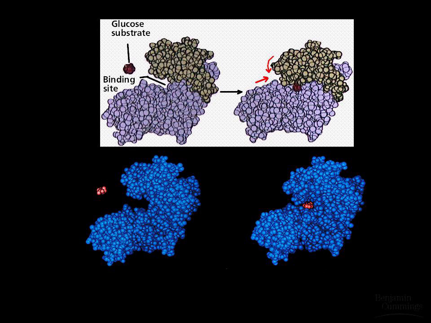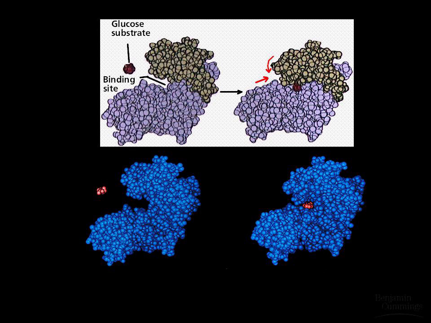For example, here this is an enzyme, and the substrate for this enzyme is this glucose molecule, as shown in red. So the binding site, the binding pocket, you can see, is on the surface of the protein, and glucose binds to that specific part of the protein. It does not bind just anywhere on the protein.